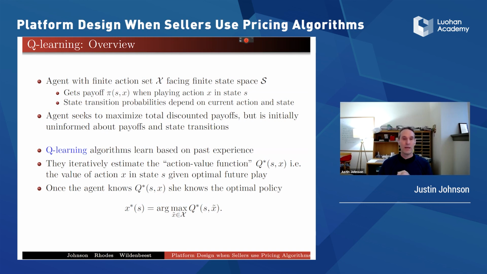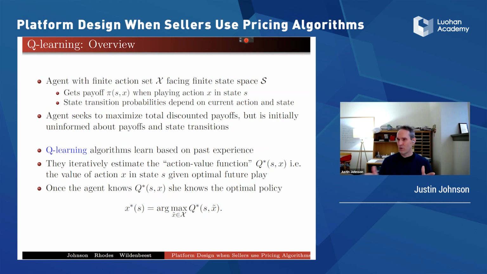Now, if somehow you were able to accurately estimate this Q function, I'll just call it the Q function, you would then know the optimal policy. Right? If you could somehow find this Q function, you would know the true optimal policy. All you would do in any period is say, well, geez, I'm in state S. This Q function is just a matrix because there's a finite state space and a finite set of actions. So I'm just going to look down this matrix to find the row corresponding to the state that I'm in today.